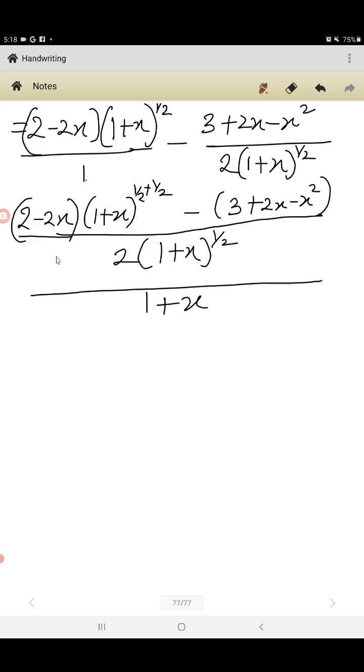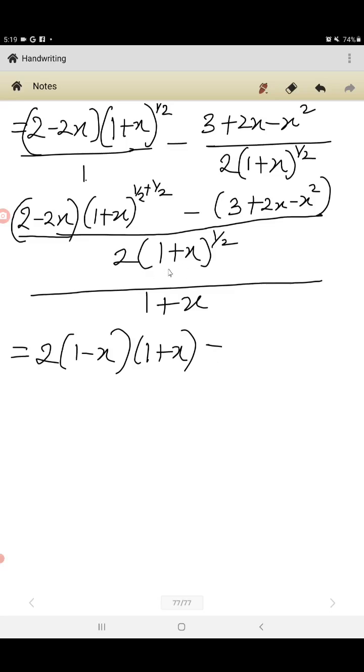Which is equal to 2. Let's remove 2 from here to have 1 minus x multiplied by 1 plus x. This has become 1 minus, minus 3.